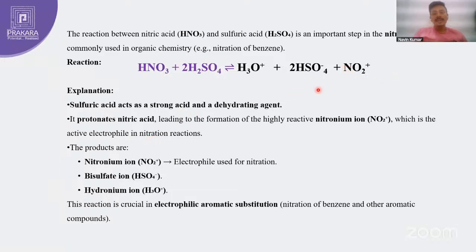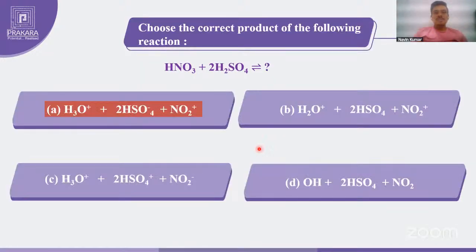When we treat these molecules with benzene, it will give nitrobenzene or nitrotoluene or any other. So the overall product will be the nitronium ion, which acts as the electrophile used in the nitration process.